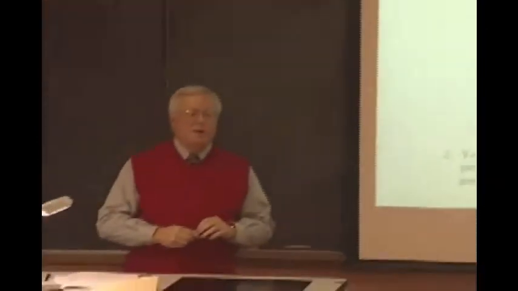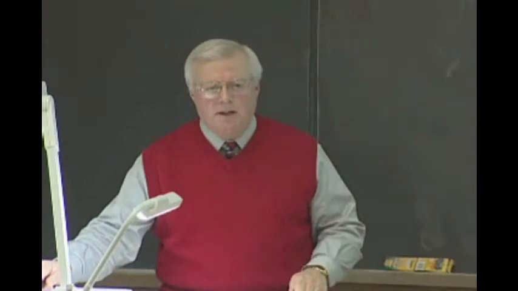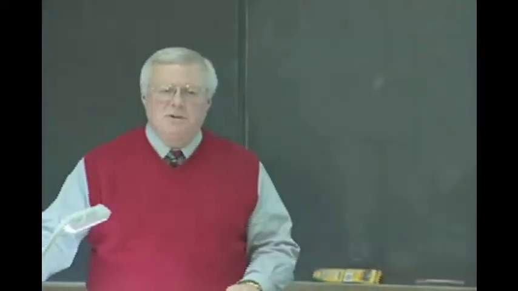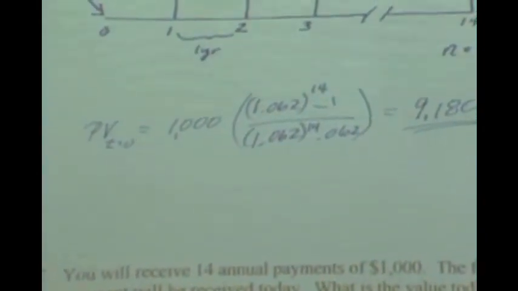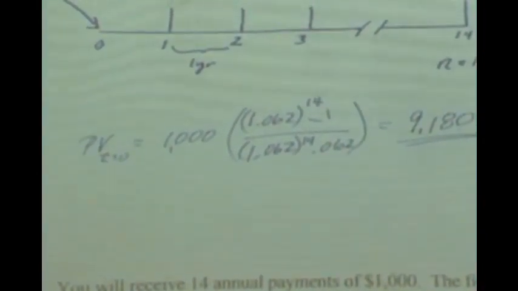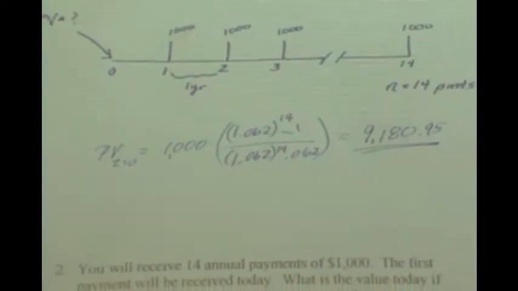I will give you some time right now to see if you can recreate this with your calculators. But then we're going to speed through very quickly. My advice is to start at the top. Take 1.062 to the 14th, subtract 1 and store it.